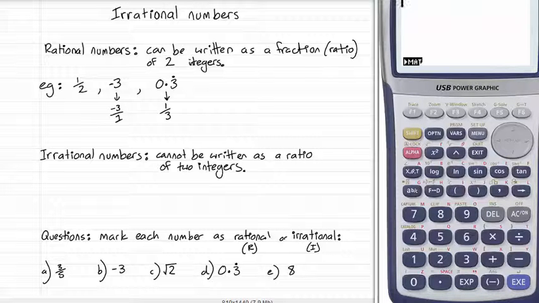Other quite tricky numbers that are still rational. How about a terminating decimal? 1.5. But we also know that 1.5 can be written as 1 and, well, that's in the tenths column, the 5 there, so that's 1 and 5 over 10, which would simplify to 1 and 1/2.